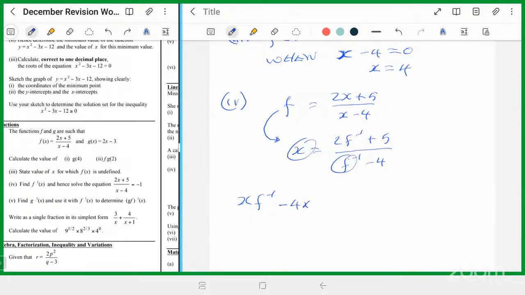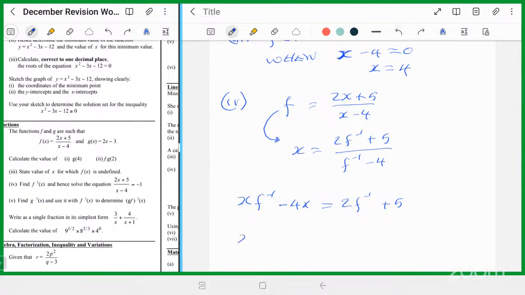This times this first and then this times this next. And then the right side now becomes this numerator, 2 times f to the minus 1 plus 5. And then now we're going to take this and bring it over here, pair it up with that one. I want to take this negative 4, bring it over this side and add it to the 5.